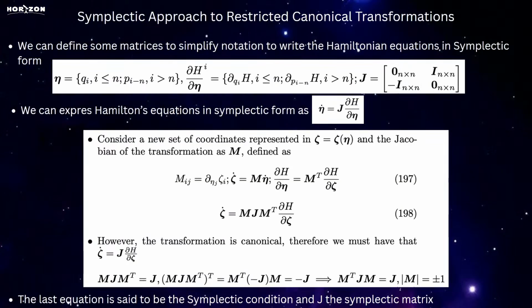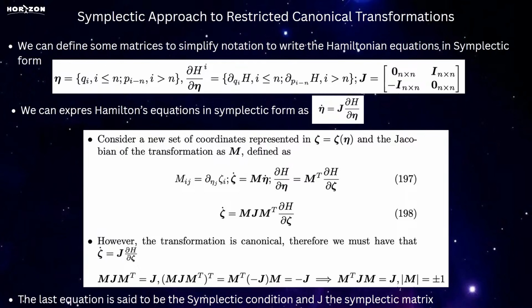Now let's continue with the simplification approach for the restricted canonical transformations, which we have discussed. We define some matrices to simplify the notation. Here eta is the matrix which is a set of matrices having the initial coordinates. And rho h by rho eta is the partial derivative of h with respect to the initial coordinates.